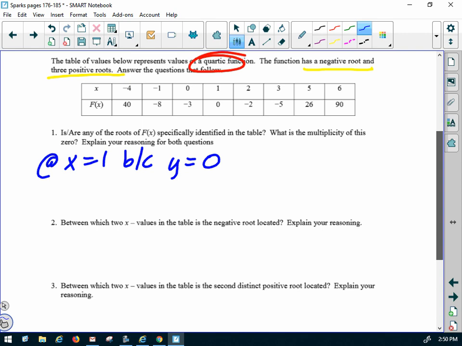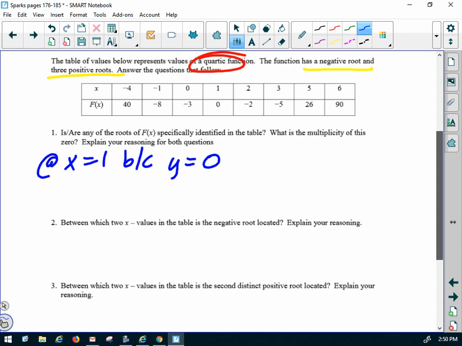Why do you think the multiplicity would be 2? Because what's negative on both sides of it? The y values. You see that the y values are the same sign on both sides of x equals 1? So to us it looks like that function's going to come up, kiss the x-axis, and come back.